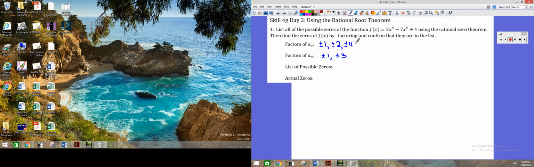So these are my possible numerators, and these are my possible denominators. I take all of these divided by 1: 1 divided by 1, 2 divided by 1, 4 divided by 1. Then I take all of them divided by 3: 1 divided by 3, 2 divided by 3, 4 divided by 3.